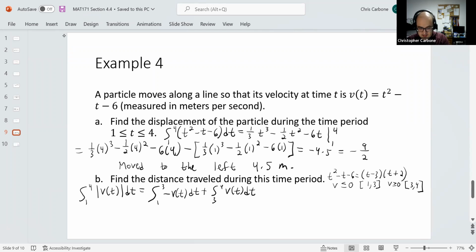That means we want the integral from 1 to 3 of negative t squared plus t plus 6 dt plus the integral from 3 to 4 of t squared minus t minus 6 dt.